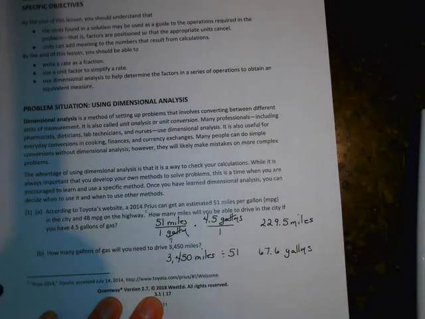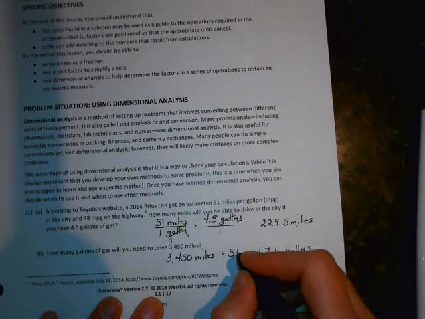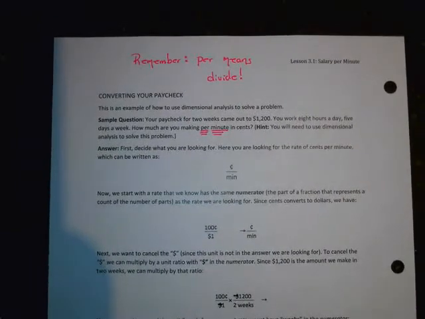All right, you guys ready? So let's flip. Now I wrote on the top, remember, per means divide, and whatever follows the per, that goes on the bottom of your fraction. So I'm going to do this on a separate sheet of paper because there's a lot of steps to this, but I think it's easier if you see it just worked out rather than try to follow this whole thing.